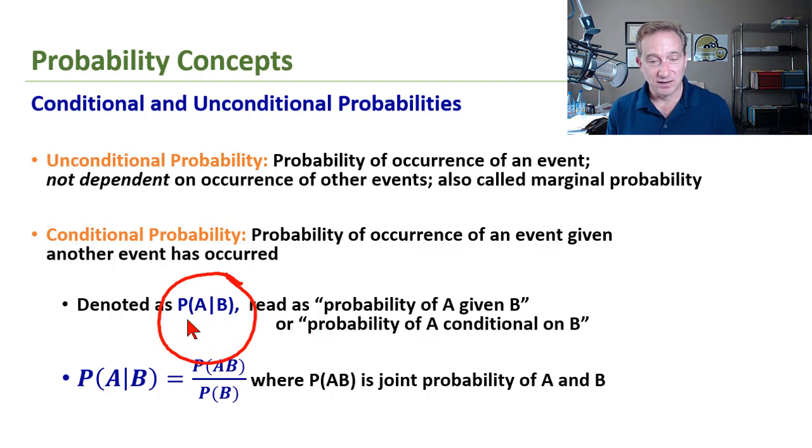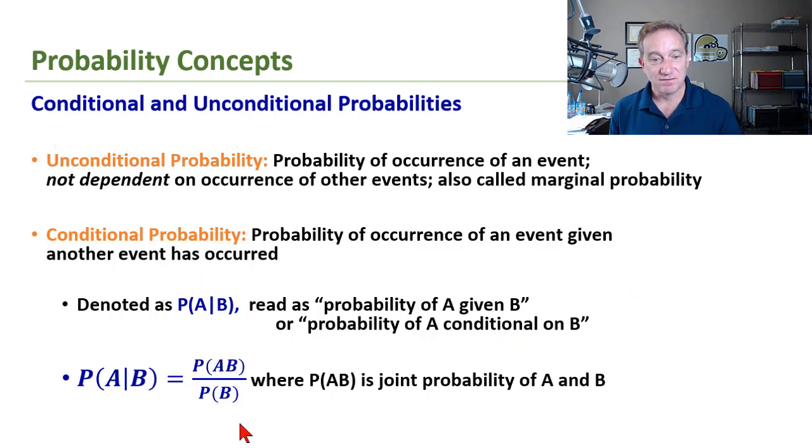What is the probability of A given B, or I prefer, because it's explicit, the following: what is the probability of A conditional on B? See how this is a conditional probability? If we wanted an unconditional probability of A, we'd just say the probability of A. So the notation is important.